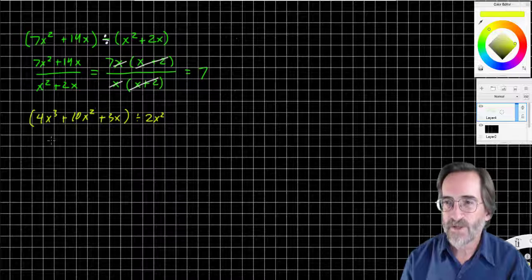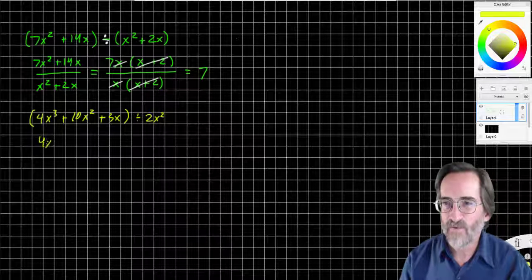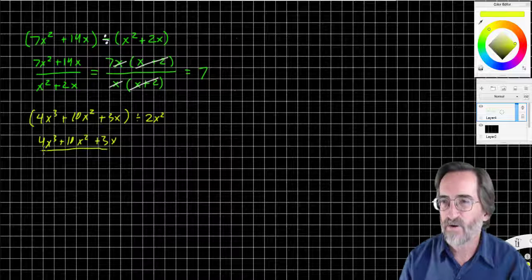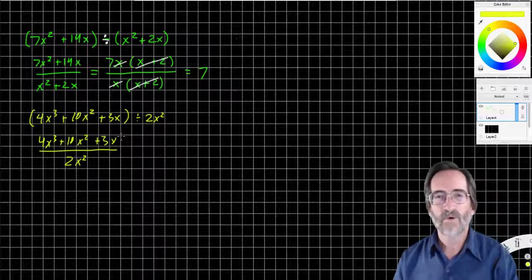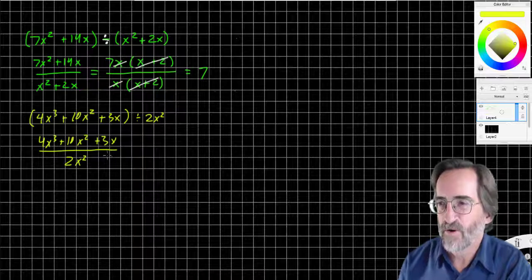We can write it just like I did before as a fraction, 4x cubed plus 10x squared plus 3x, all over 2x squared.